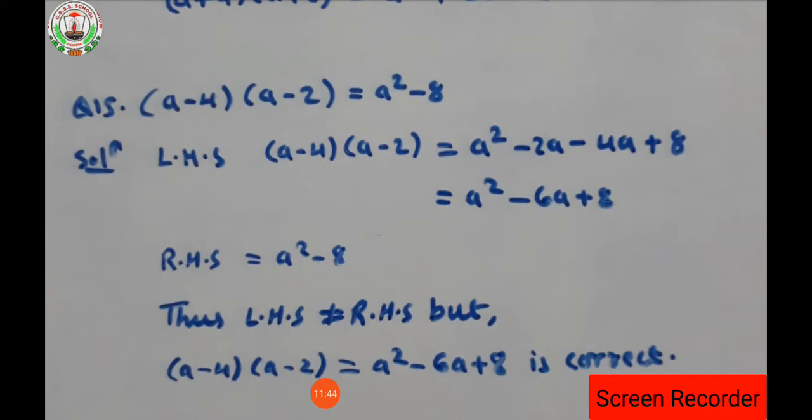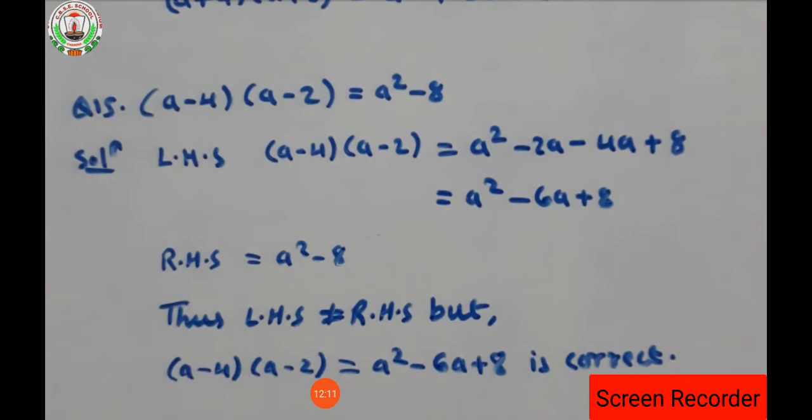So we will get a square minus 2a, and when minus 4 is multiplied with (a minus 2), we will get minus 4a plus 8, isn't it? So at the center of the equation we are having minus 2a minus 4a. Minus minus will be plus, so minus 2 and minus 4 will be added, and we will get minus 6a.